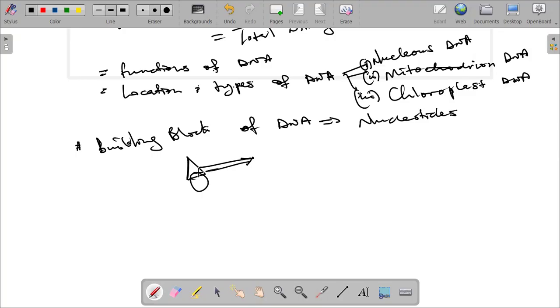The nucleotide consists of the nitrogen base, the phosphate, and the sugar. Remember that the sugar is deoxyribose sugar. That one you should know.